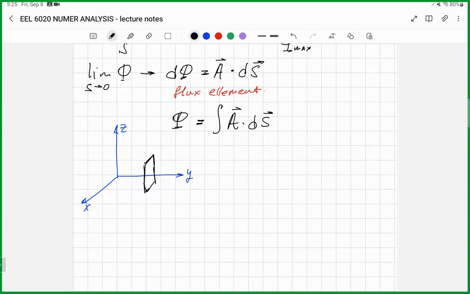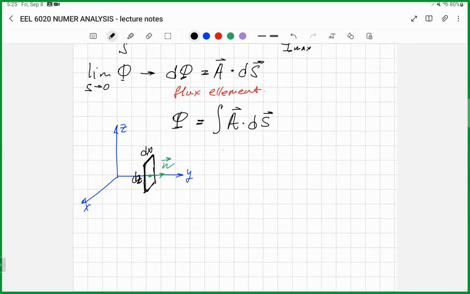So the normal of the vector of the surface is along the axis y. In this case, this element of surface is defined by dx, parallel to the axis x, and the element dz, parallel to the axis z.